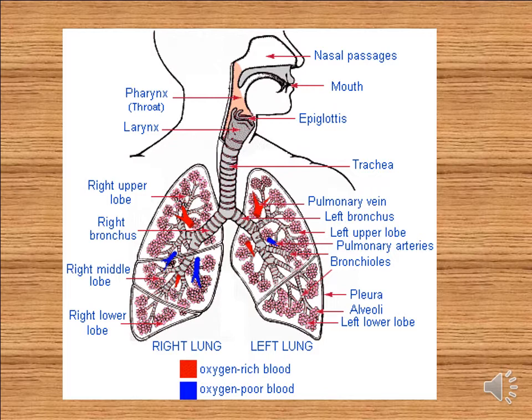It leads to the pharynx, which has the nasopharynx and oropharynx, and then to the larynx, which has a cartilaginous structure, and then to the trachea, a cartilaginous tube, not completely a tube. It divides into the left and right bronchus, and then divides within the lung into many branches and ends with alveoli. There are two lungs, right and left.